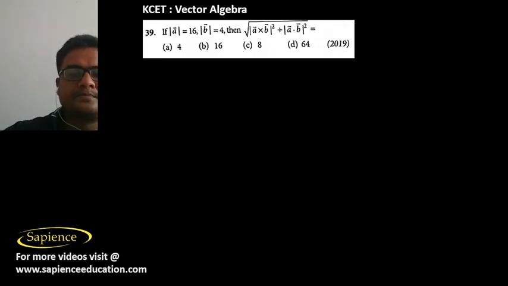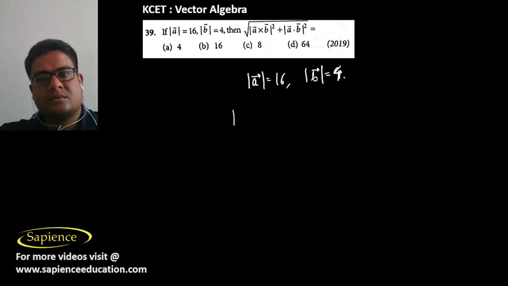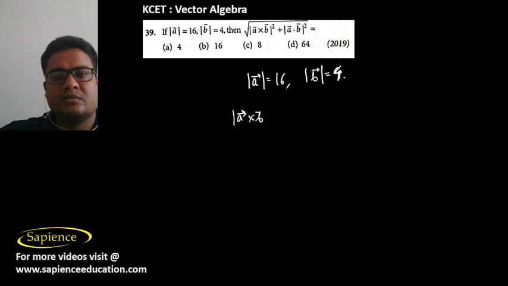Then magnitude of A, that is 16, magnitude of B, that is 4, then magnitude of A cross B whole square and magnitude of A dot B whole square will be equal to how much?